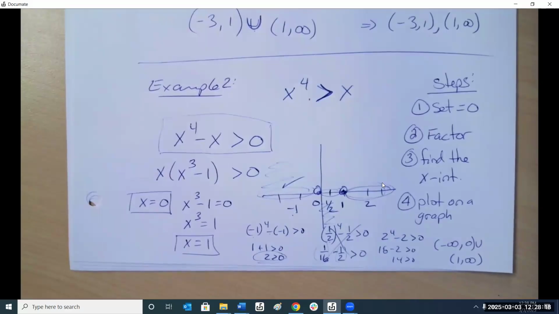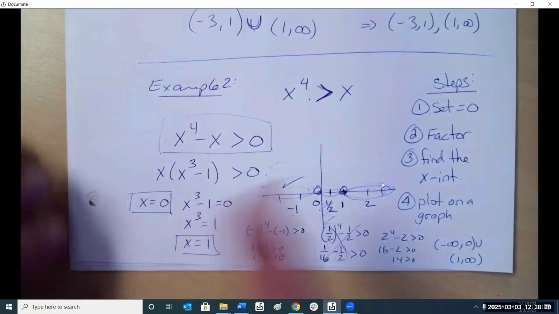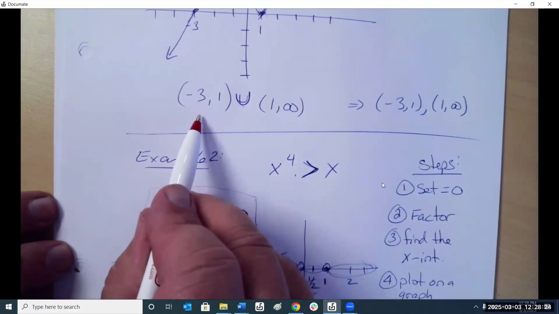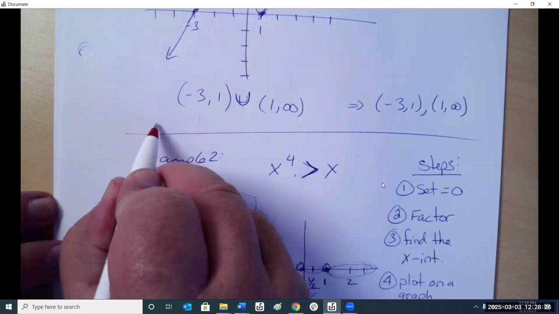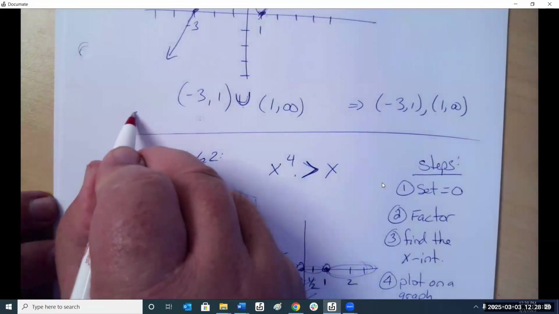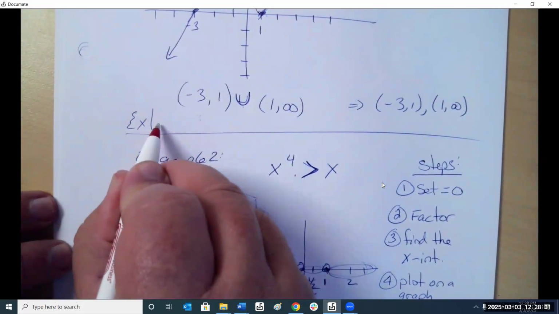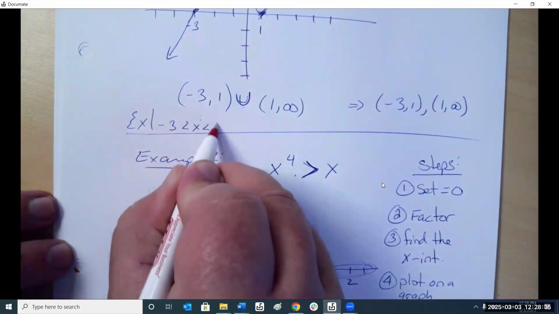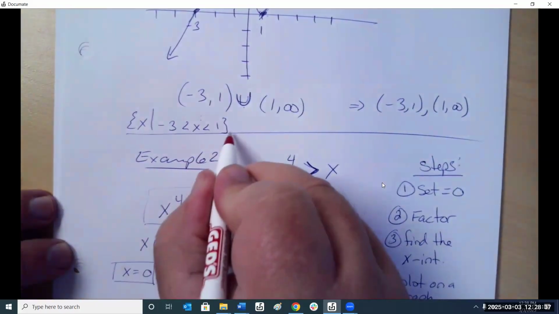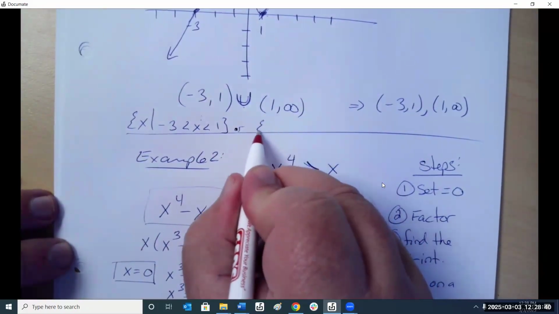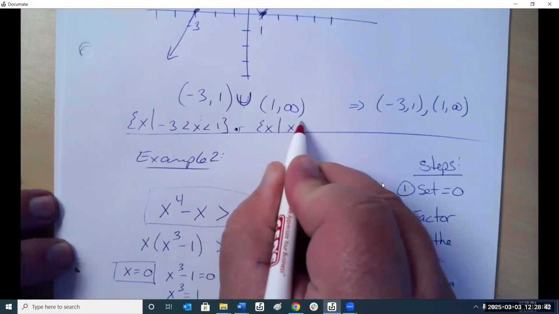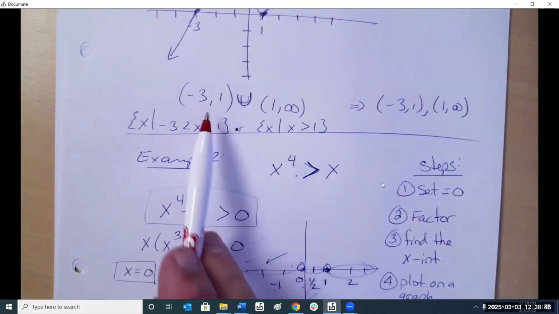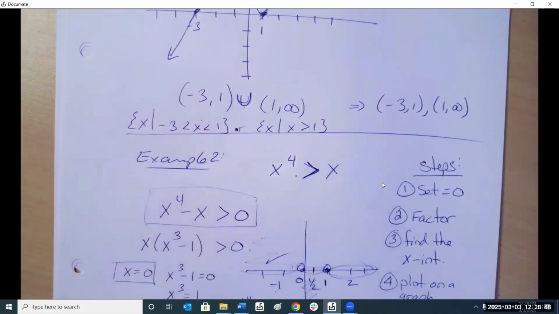Now, the computer can ask you different ways of putting this. For example, it can ask for x such that -3 is less than x is less than 1, or x such that x is greater than 1. You have to be able to put it both ways, in interval notation and in set notation.